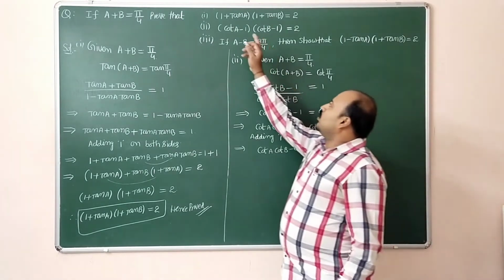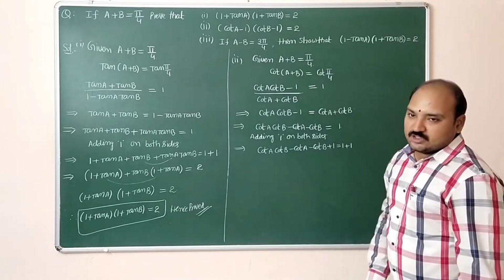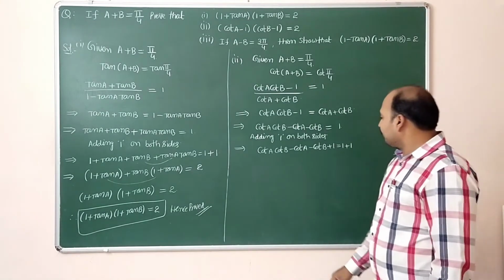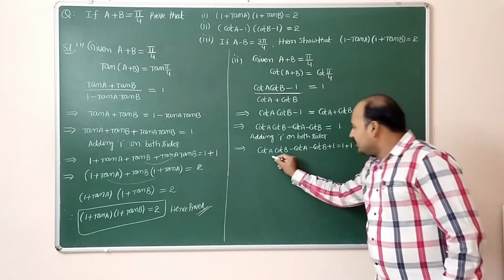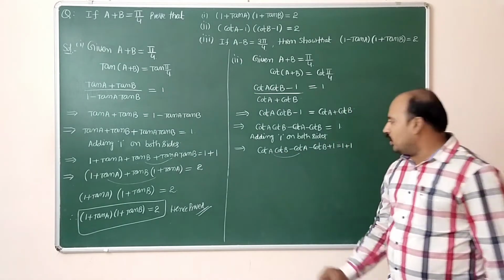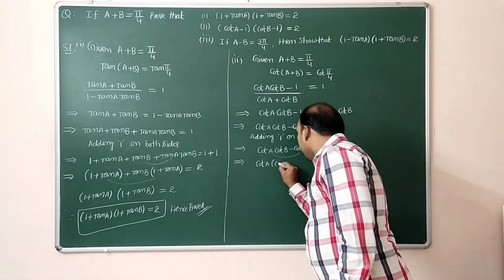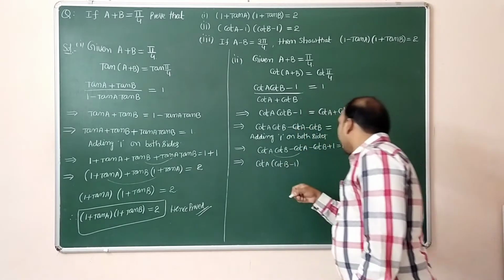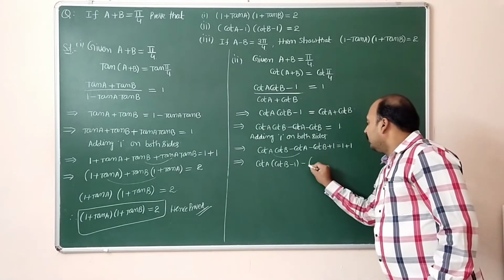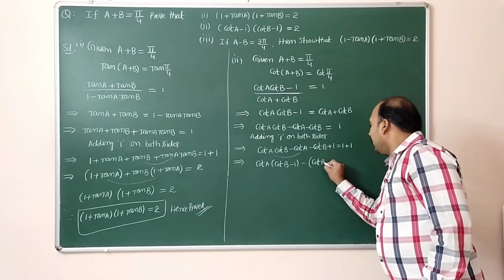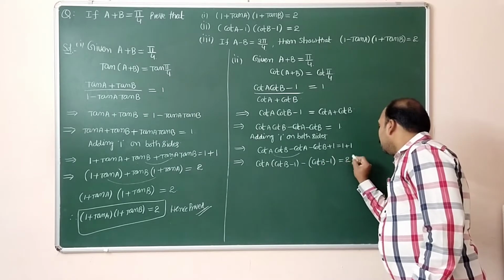They are asking to prove (cot a minus 1) into (cot b minus 1) equals 2. So from these two, take cot a common: cot b minus 1 only. From these two, take minus 1 common: cot b minus 1.